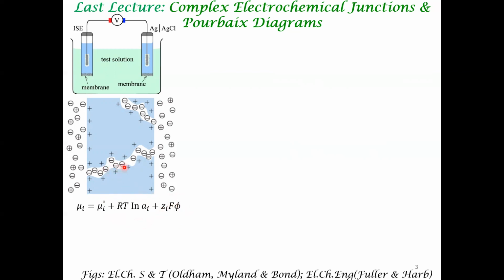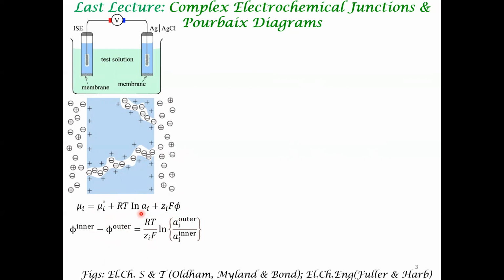So when the electrochemical potential gets equilibrated between the inside and the outside of the membrane, mu i inside is the same as mu i outside. Based on such a balance, we can develop an equation, something like this. This is a straightforward substitution.